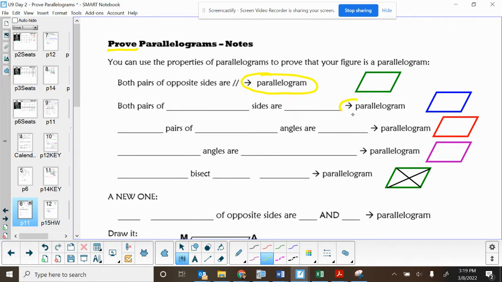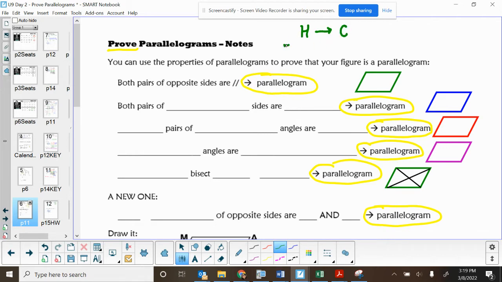So note that all of these statements start with a property and end with, therefore, we have a parallelogram. So remember back in the logic unit, we said hypothesis implies conclusion really means if the hypothesis happens, then the conclusion happens. And so that is what this is saying.